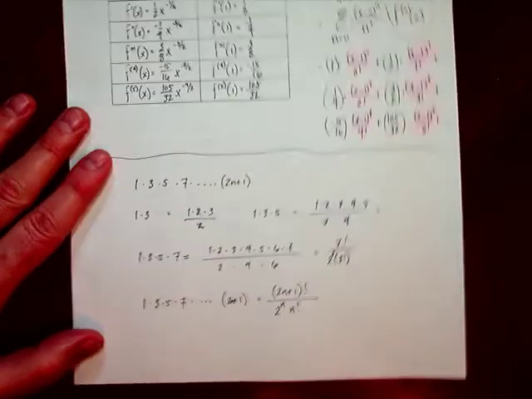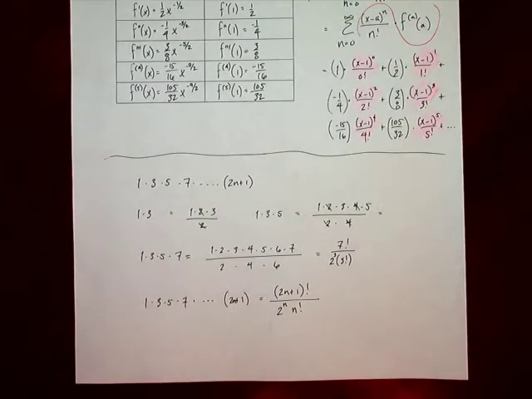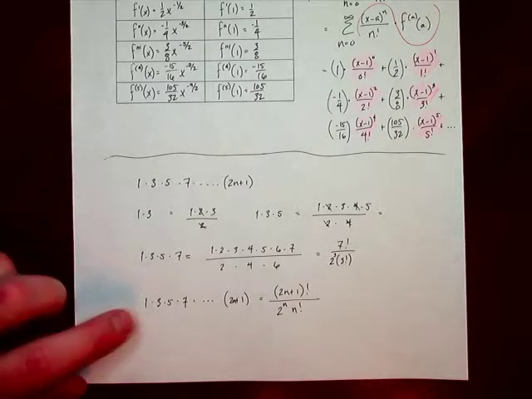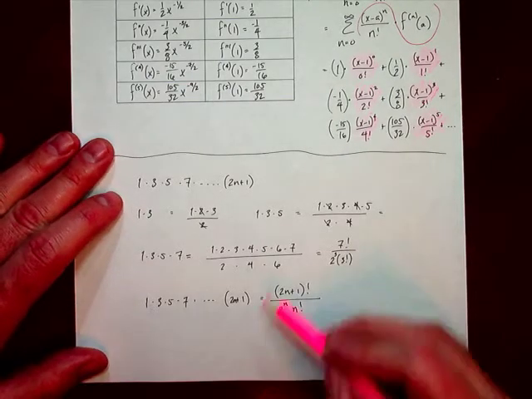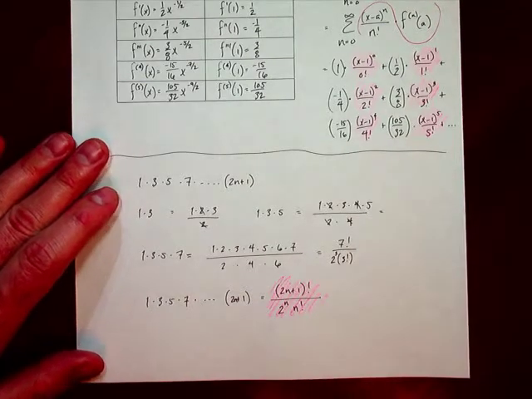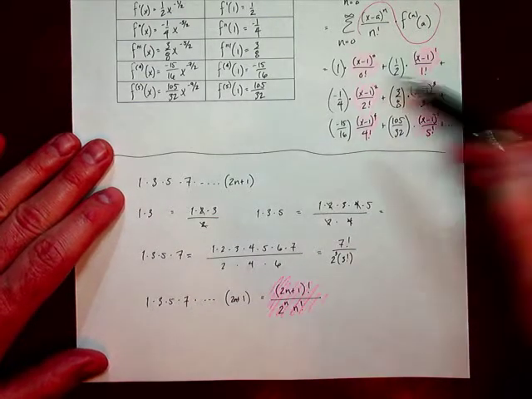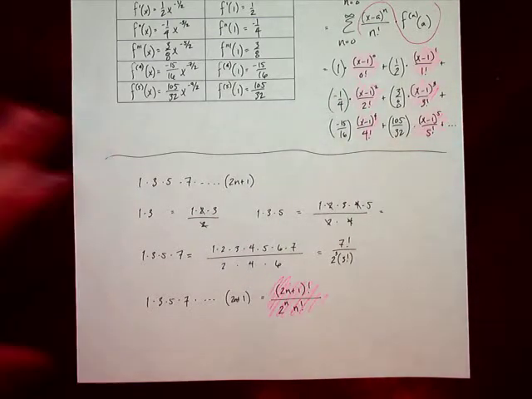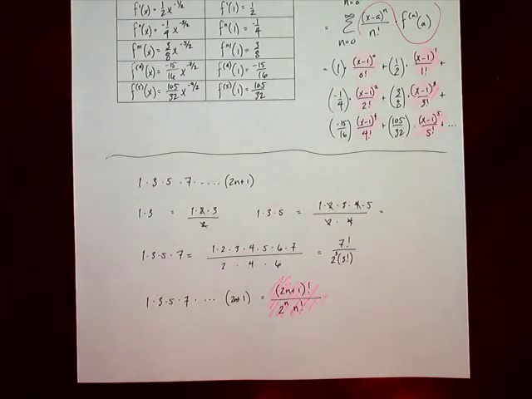Sometimes doing that works, and sometimes it's not helpful, okay? In this particular case, it helps clean things up just a little bit. So having figured that one out, that's how we're going to express these numerators. And then, of course, the denominators are simply going to be 2 to the n, okay?